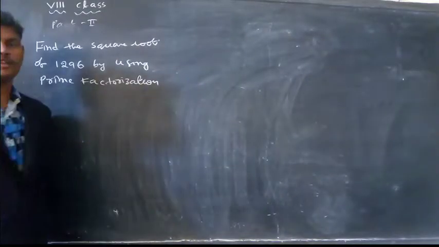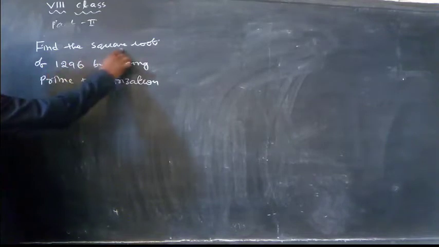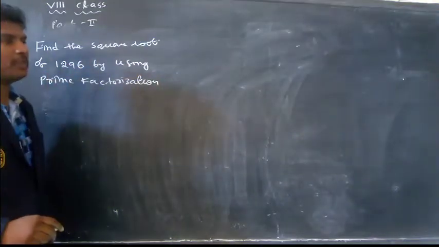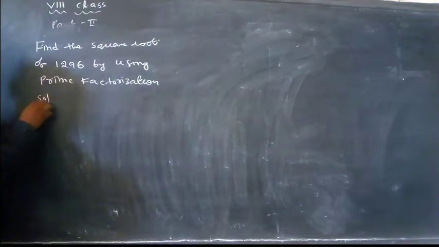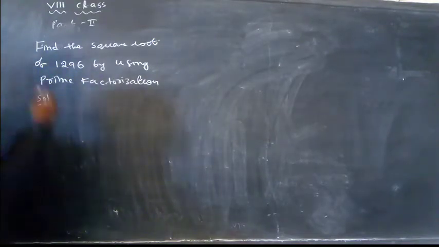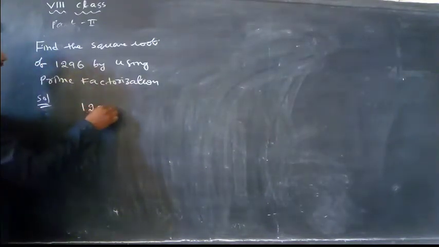Students, here is another question. Find the square root of 1296 by using the prime factorization method. Solution. We only just discussed this. First, what is the number? 1296.